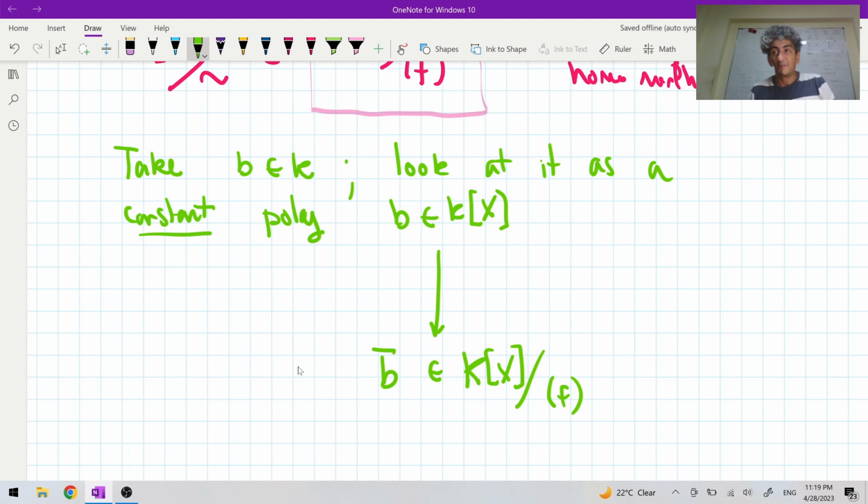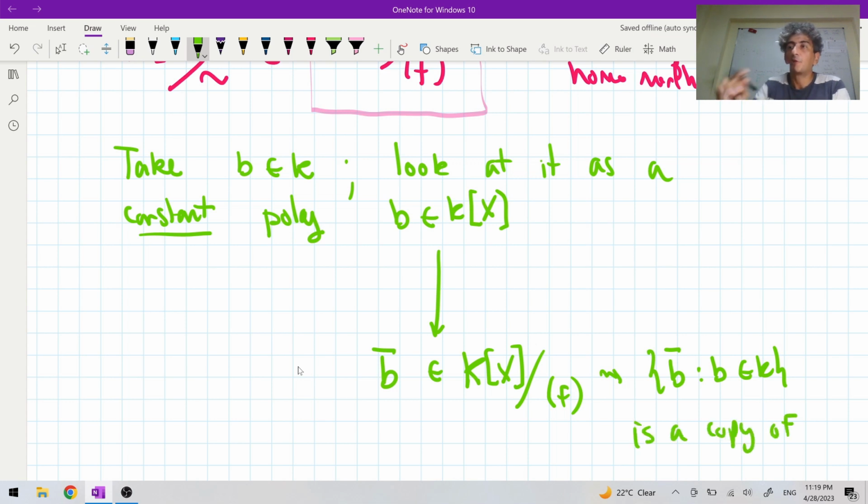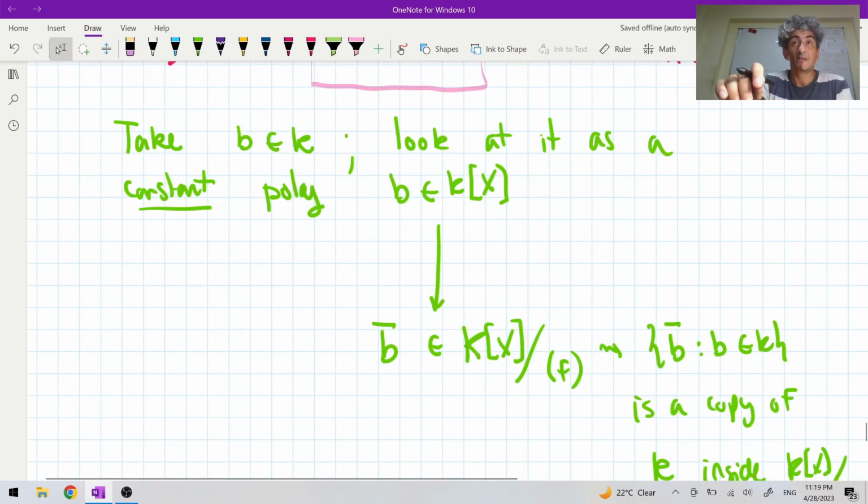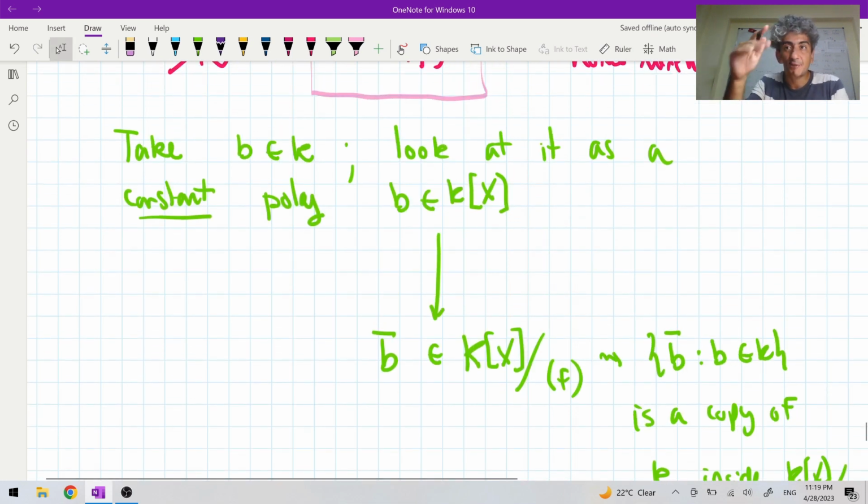In that sense, the collection of classes of constants with b in K is a copy of K inside the quotient ring.